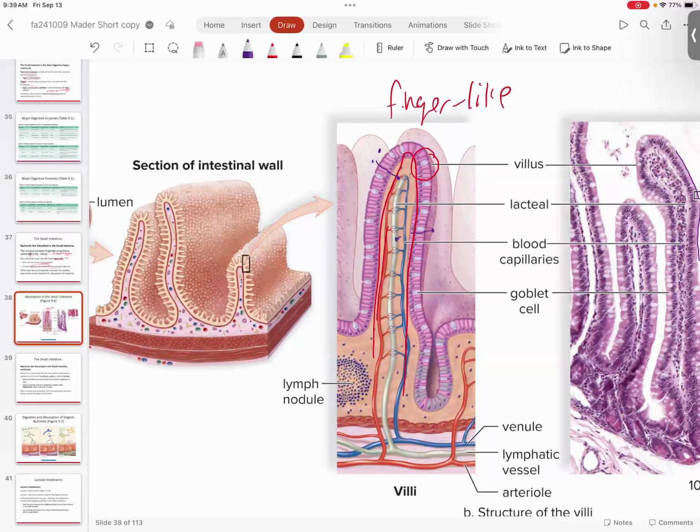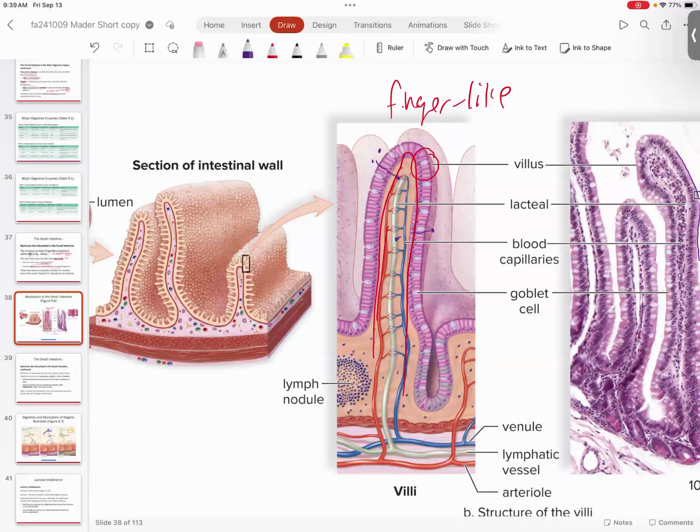A chylomicron is basically a protein that carries your lipids. So rather than your lipids just going straight into your lacteals, the chylomicrons will gather them up, grab them, and transport them into the lacteals. And then they'll go into the blood.